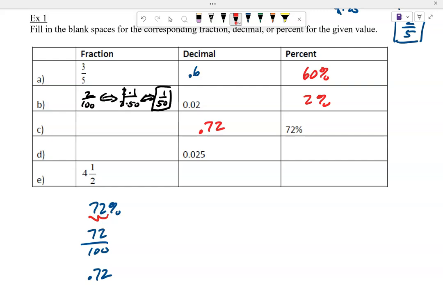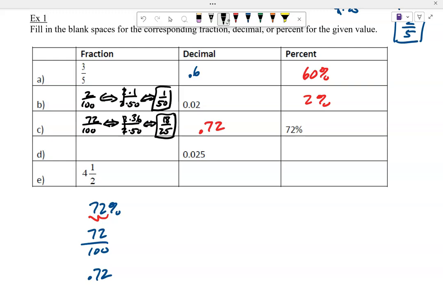Or 72/100ths, right? And we could keep going with that if we wanted to. 2 times 36, 2 times 50. Both those go into 2, so 18 over 25. Same thing there.